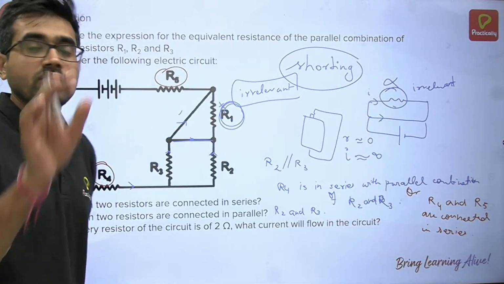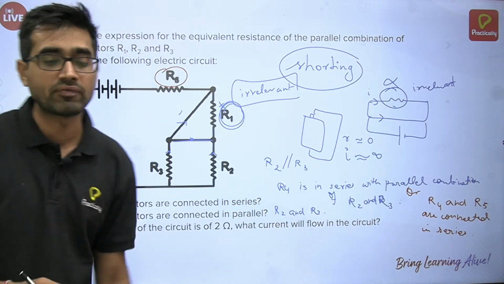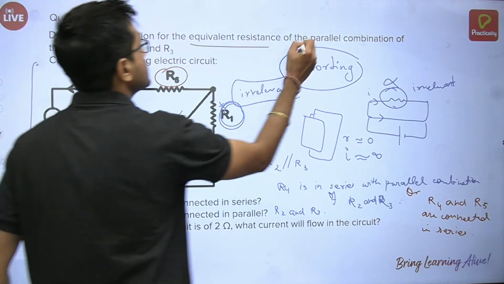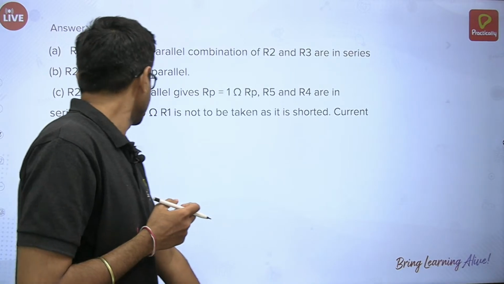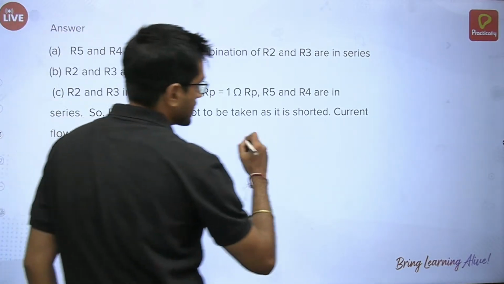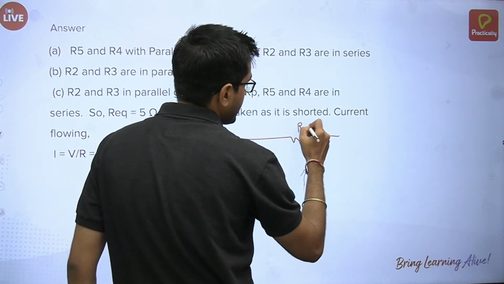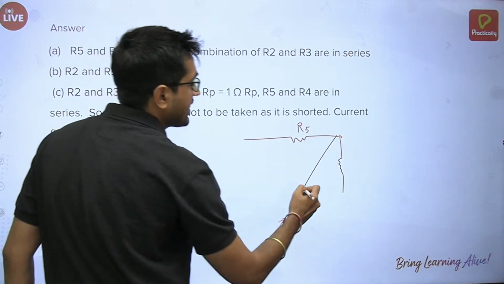Okay. Now if every resistor is 2 ohm, what current will flow? Of course, I have to find the equivalent resistance. This is what is being asked. Now, let me take this page. Whatever they have done, I don't care. I'm going to draw the circuit. This is my R5. This resistor has become irrelevant. I'll show you later.